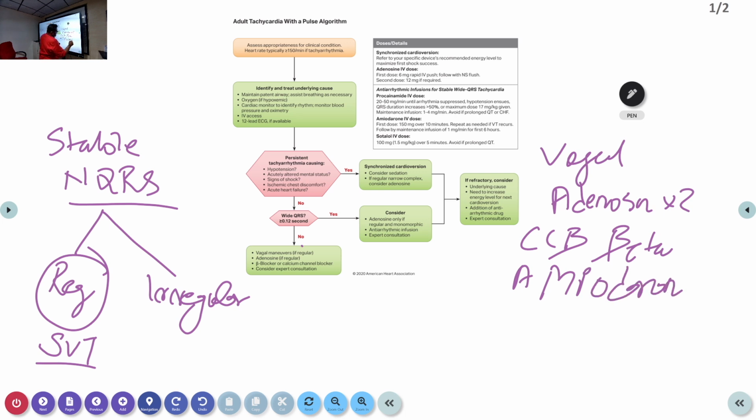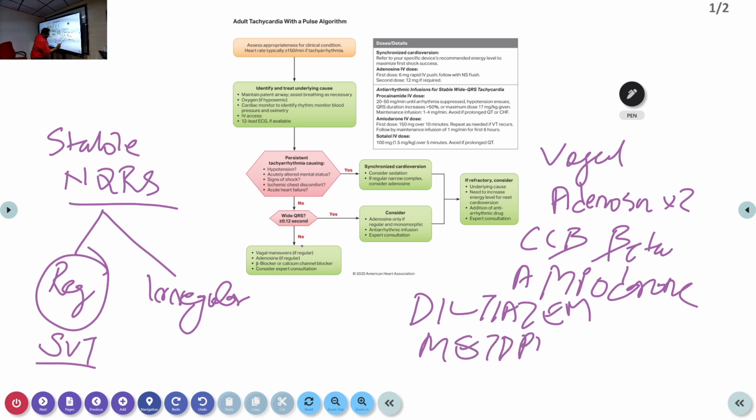Examples: calcium channel blocker is diltiazem, beta blocker is metoprolol. So you can try any of these drugs. So that is regarding your narrow QRS regular tachycardia, narrow complex regular tachycardia.